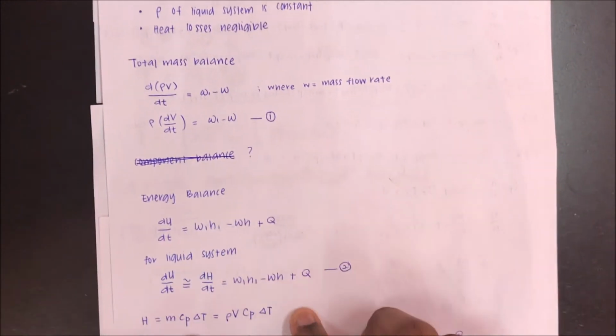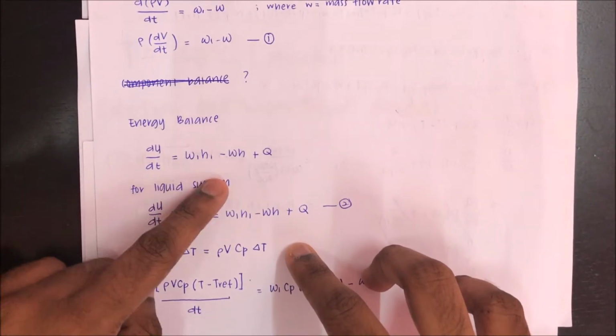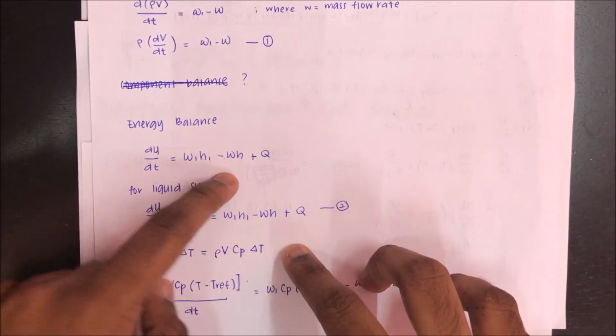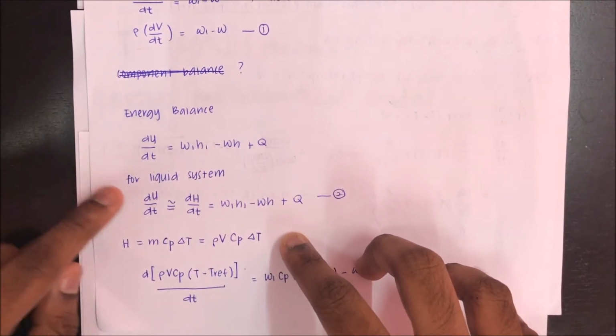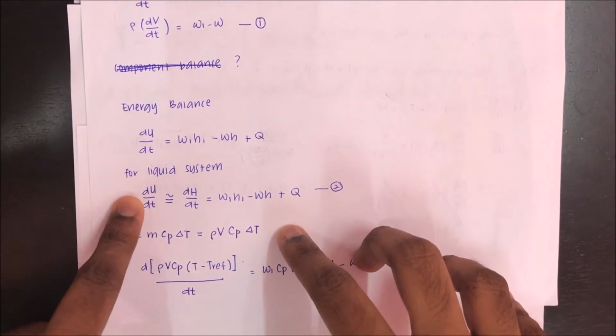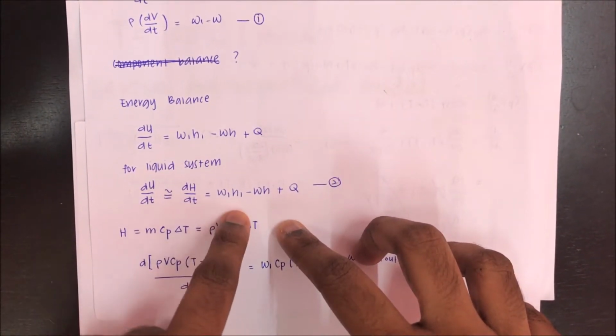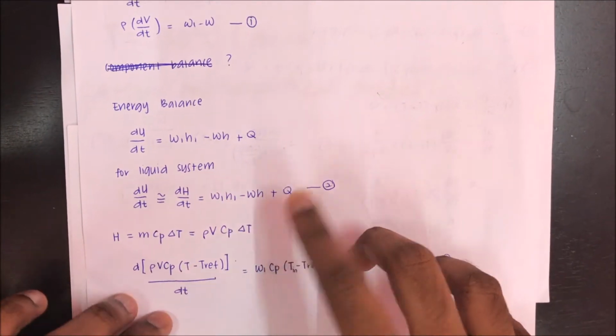Moving on to energy balance, this is the equation for energy balance. dU over dt equals WiHi minus WH plus Q. So for a liquid system, we can say that the internal energy is the same as enthalpy, dH over dt equals WiHi minus WH plus Q. That's equation 2.